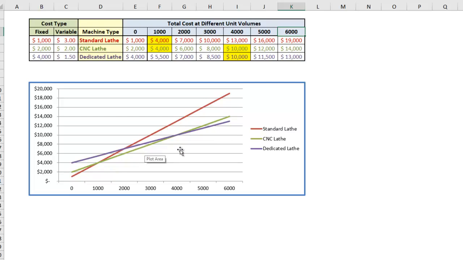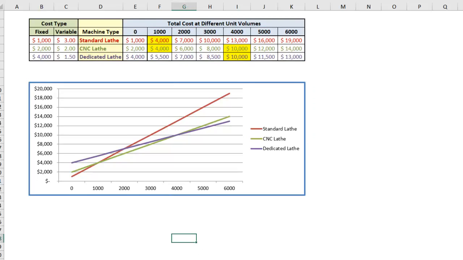And of course, if our volume were expected to be above and beyond 4,000 units, then the dedicated lathe would be the best choice, where we would have plenty of unit volume to overcome the higher fixed costs and recoup those costs through a lower variable cost of $1.50 per unit.